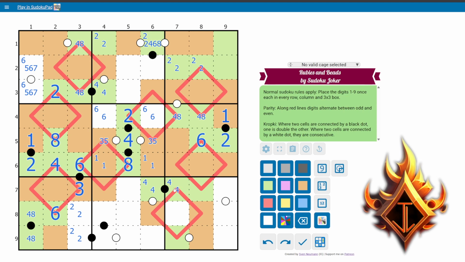This is one of each, so that will be odd. 1, 2, 3.